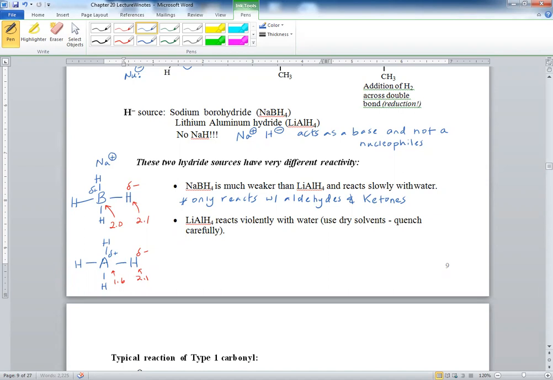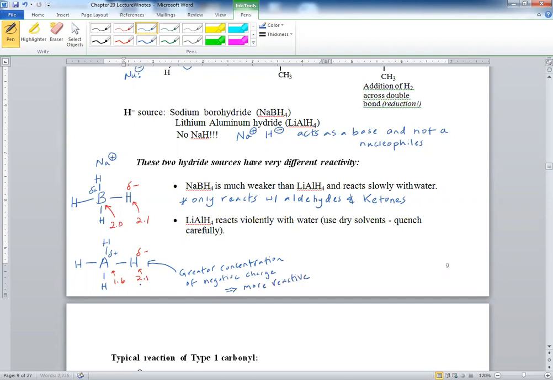If aluminum is less electronegative, this leaves the hydrogen in the aluminum hydride with a greater concentration of negative charge, which makes it more reactive.